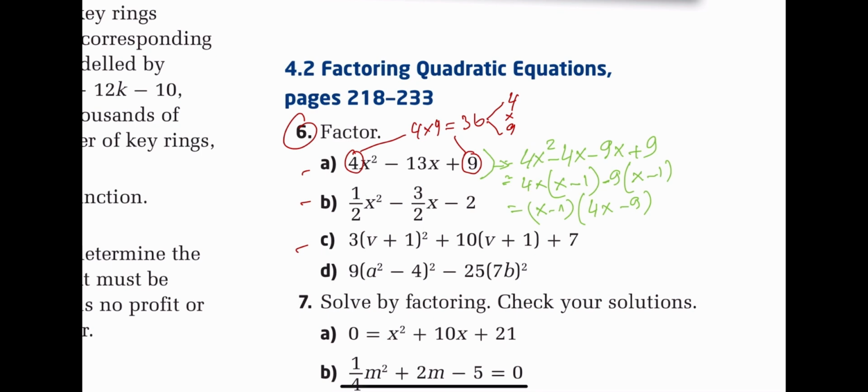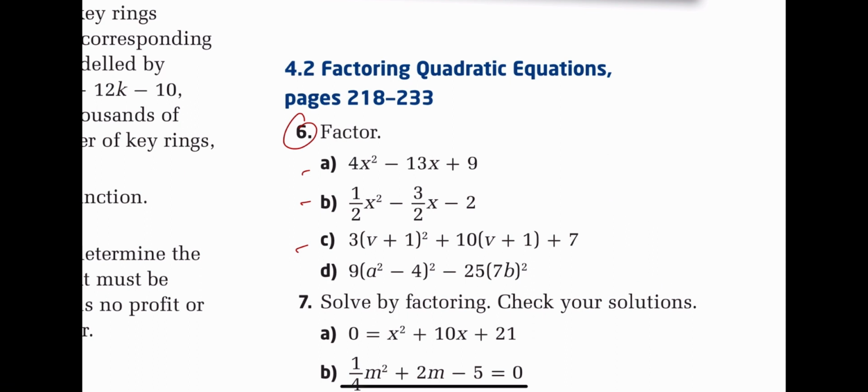Good. Now you can see I changed my equation from this form to a factored form, which is this one. Perfect. So let's do the second example.